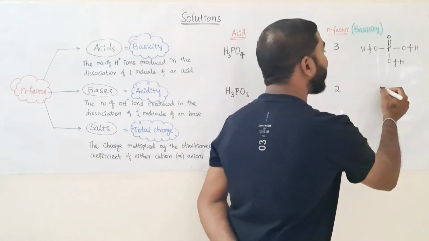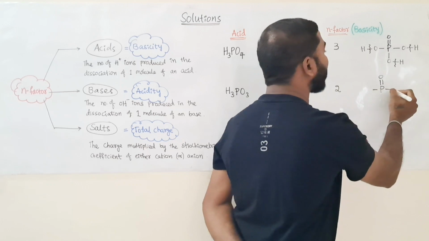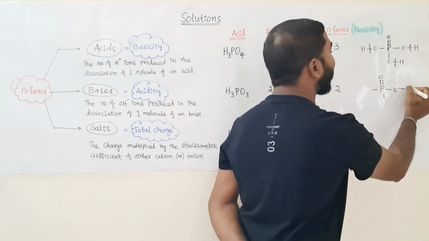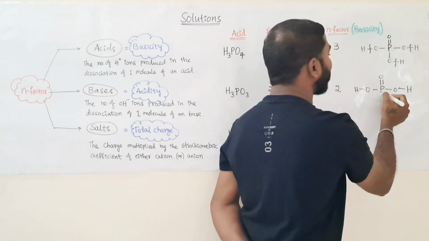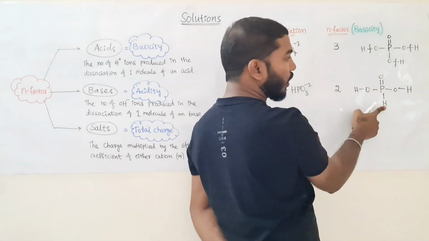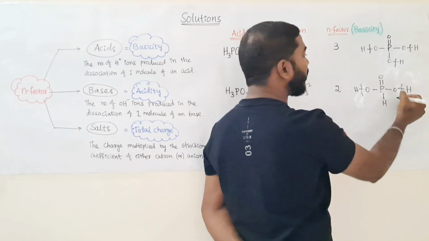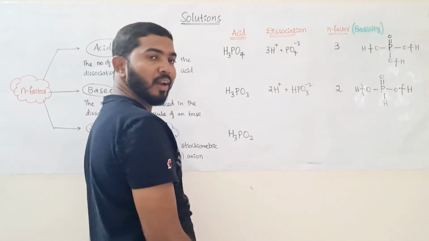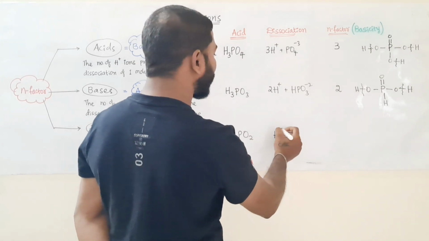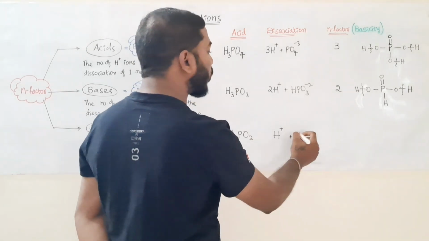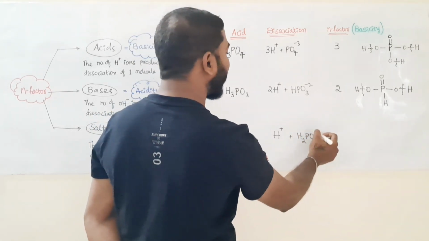One of the hydrogens is directly attached to phosphorus, so it is not going to undergo dissociation, while only these 2 will undergo dissociation. Clear?